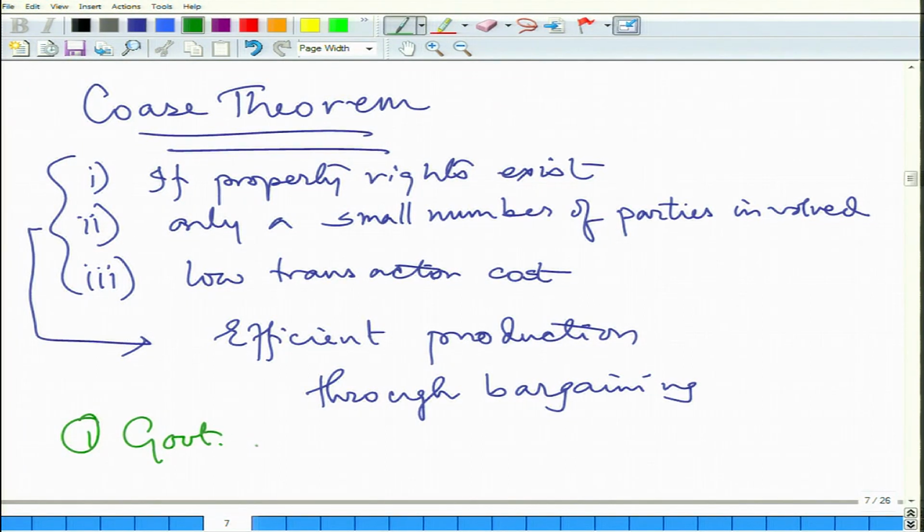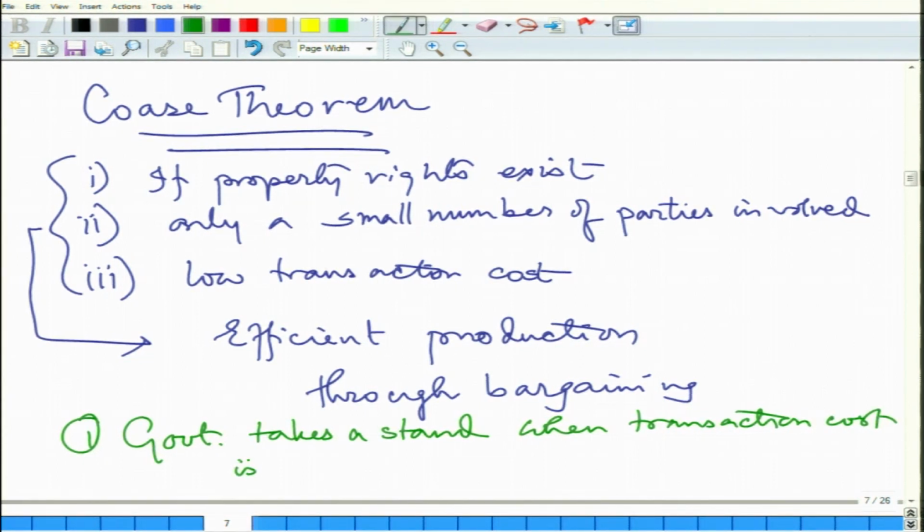When the government pitches in, that means the government takes a stand or a decision when the transaction cost is high and there is a large number of parties, a large number of stakeholders.